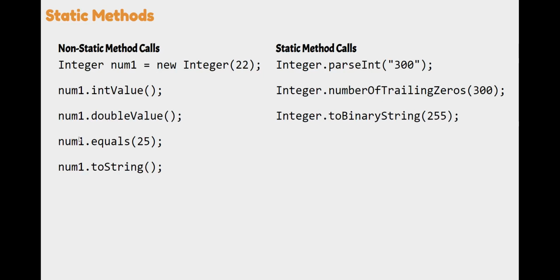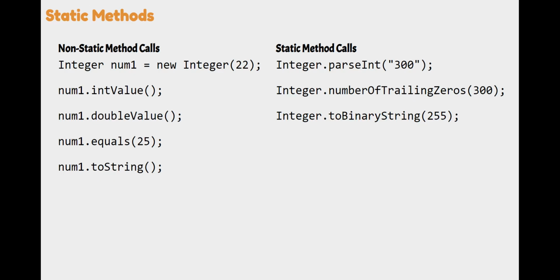Our third example, num1.equals(25), will evaluate to false because our value of 22 is not equal to the value of 25 that we are passing in as an actual parameter. And our final example is num1.toString, which will return the value of 22 as a string.